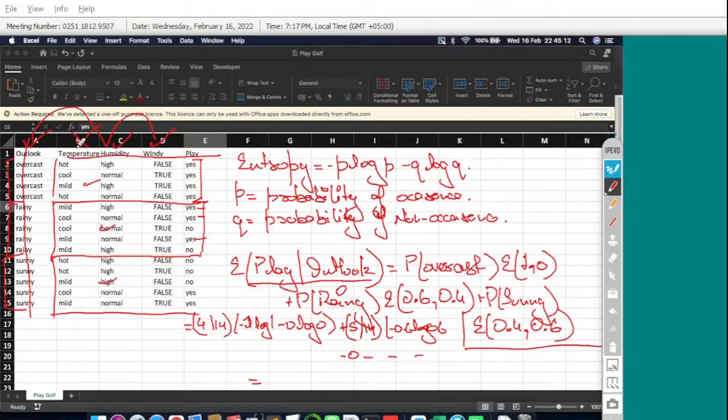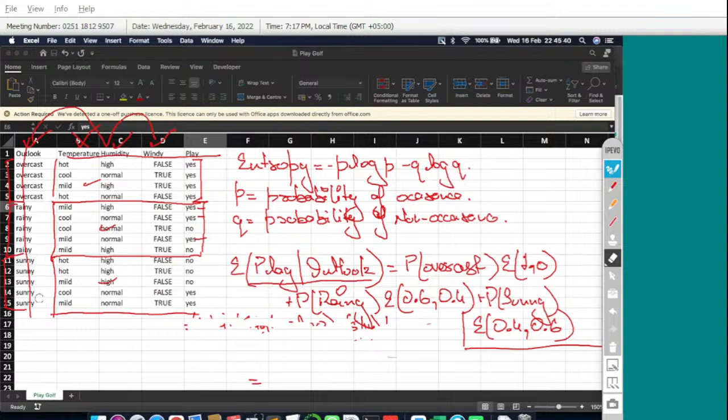Outlook will be used as the first split because here we have calculated the entropy for outlook. We understood the formula. How do we calculate the entropy of outlook? Same way we can calculate the entropy for all the four columns. If we calculate it, outlook is going to have the least entropy.